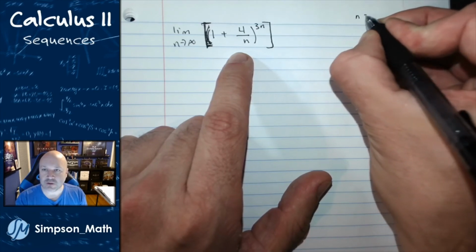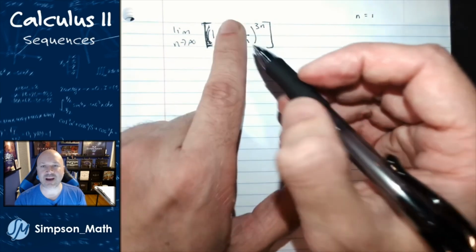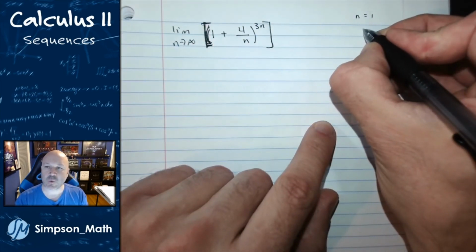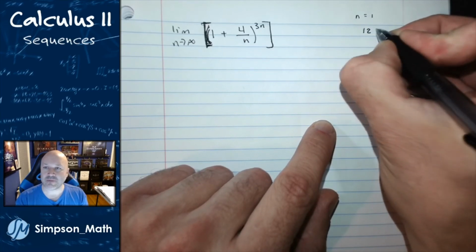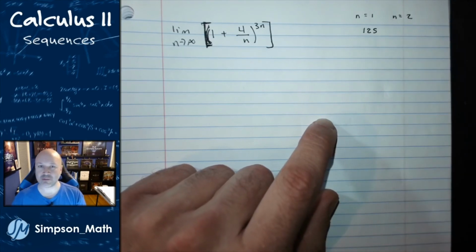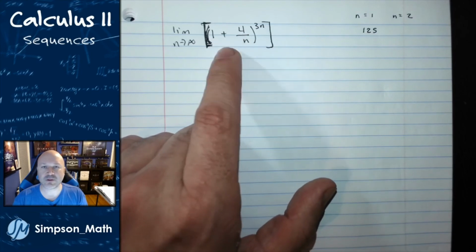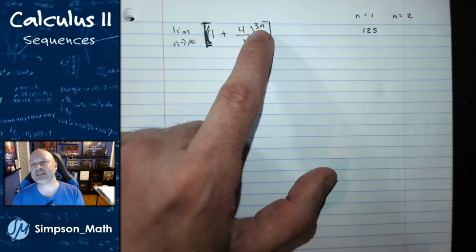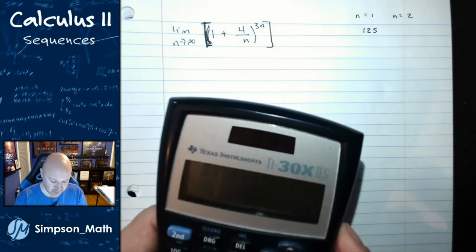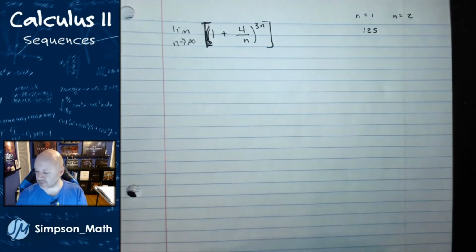If n is 1, well, 1 plus 4 is 5. 5 to the 3rd power is 125. Oh man, this gets big so fast. I'm going to grab a calculator to help me with the next one. No, that's not too bad. 4 over 2 is 2. 2 plus 1 is 3. 3 to the 6th power. Oh yeah, 729.